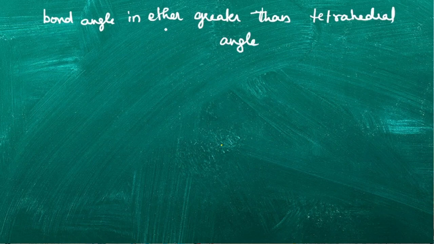You should be very clear. If alcohols is given, alcohols will have a bond angle less than the tetrahedral angle, but ethers are going to have a bond angle greater than the tetrahedral angle. You should be very careful over here.